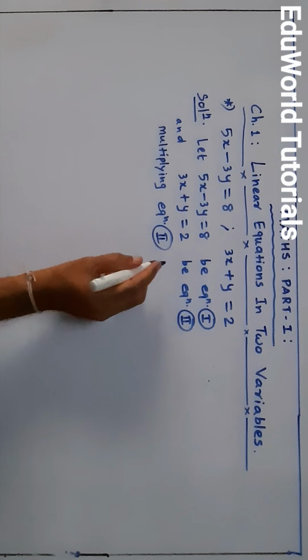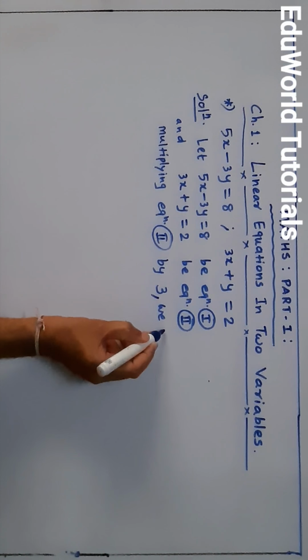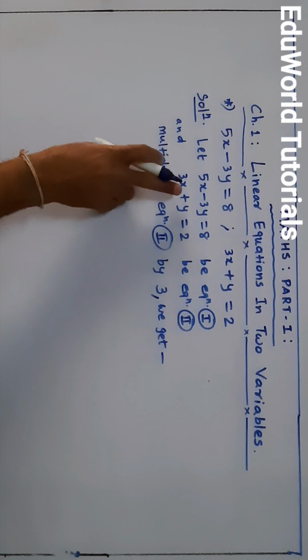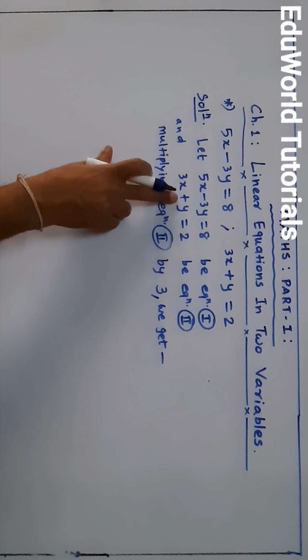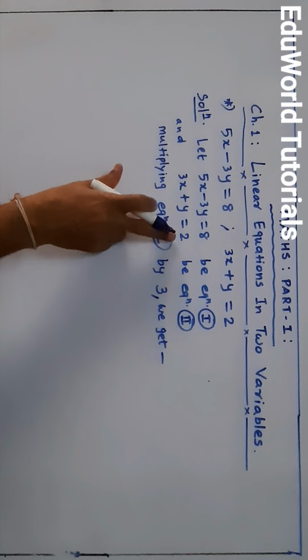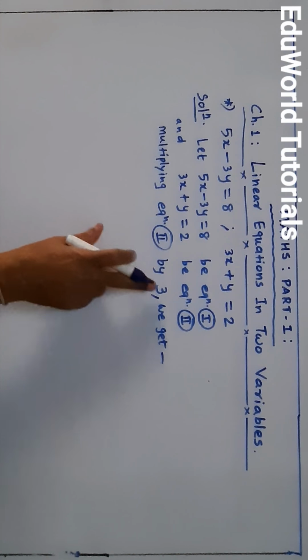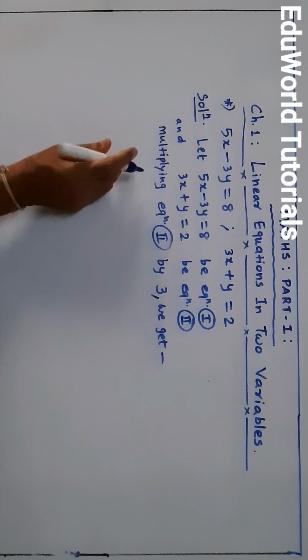Why 3, I explained to you, because minus 3 and plus 3 on adding get eliminated. In order to make this term 3y, I need to multiply the whole equation by 3, not only this term. So every term is multiplied by 3.